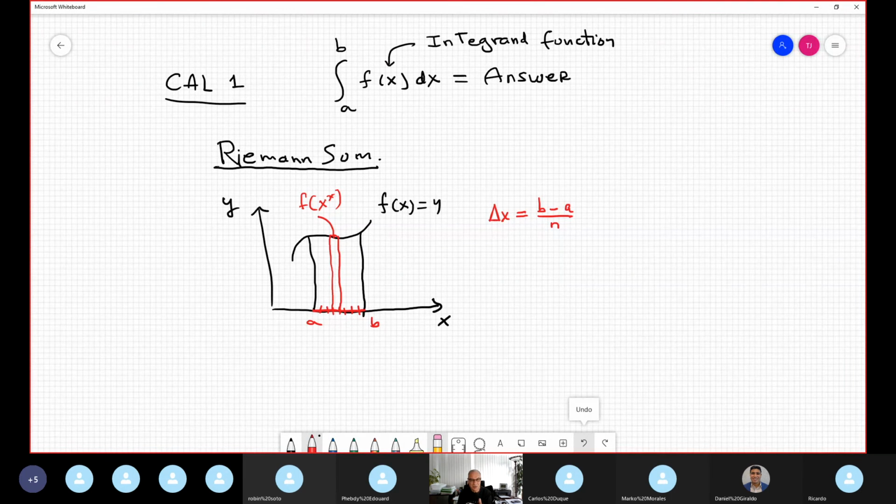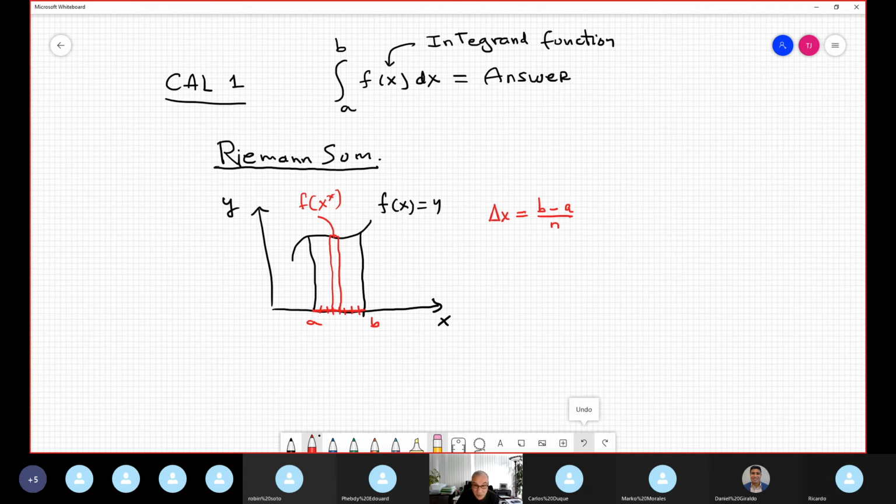Okay, some people take the left endpoint, or I study the right endpoint, or the midpoint, it doesn't matter what you take. When you approach the limit, any Riemann sum converges to the same value.